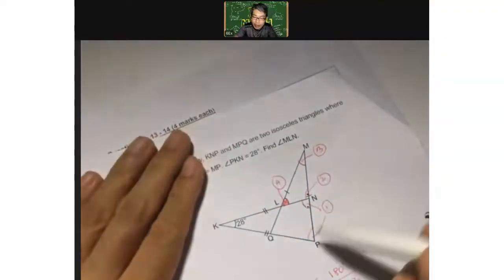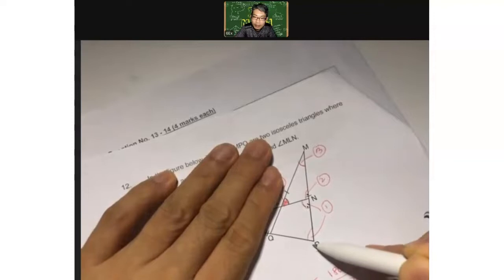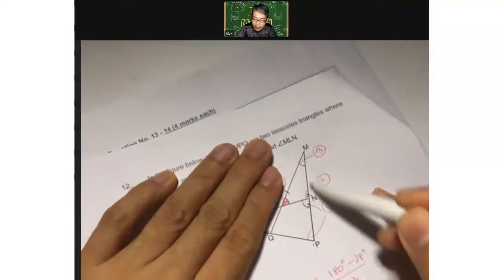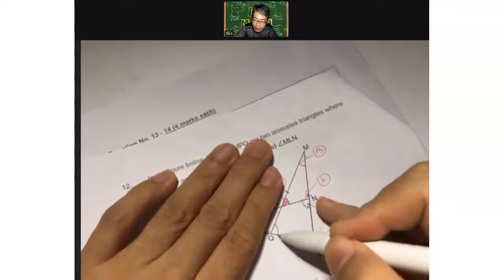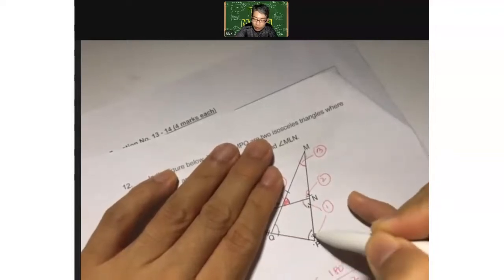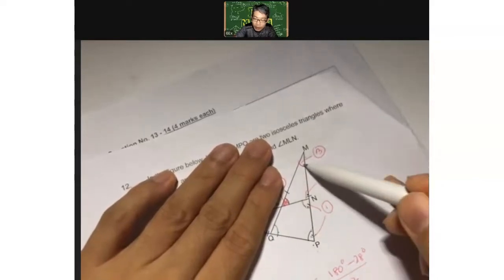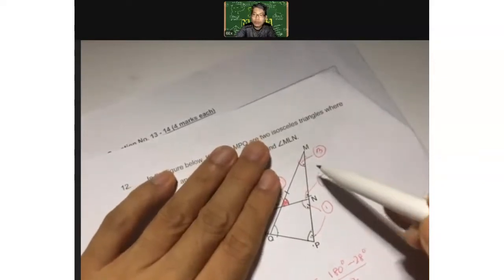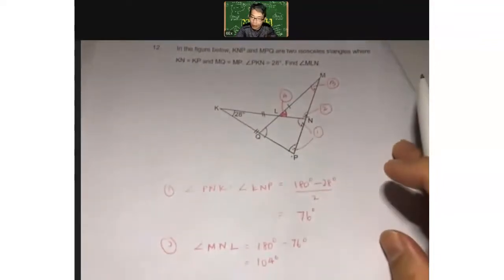And plus, if I can find this angle, it is the same as this angle. And this is another isosceles triangle. With this angle being the same as this angle, 180 degrees minus these 2 will give me this angle number 3.